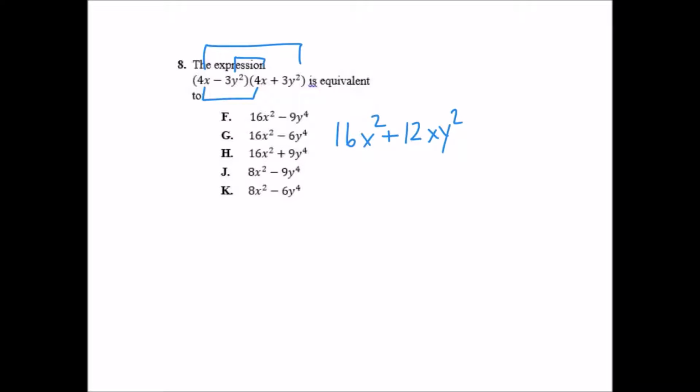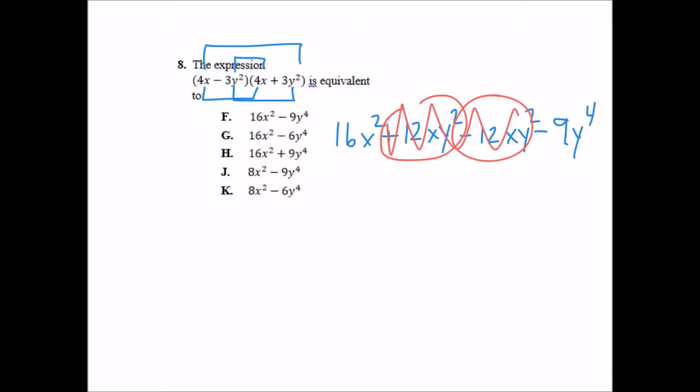The inside terms give us a negative 12xy squared, and the last terms give us a negative 9y to the fourth. These two like terms cancel each other out, leaving us with 16x squared minus 9y to the fourth. The correct answer is F.